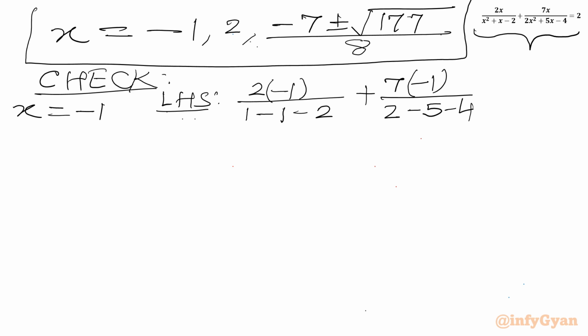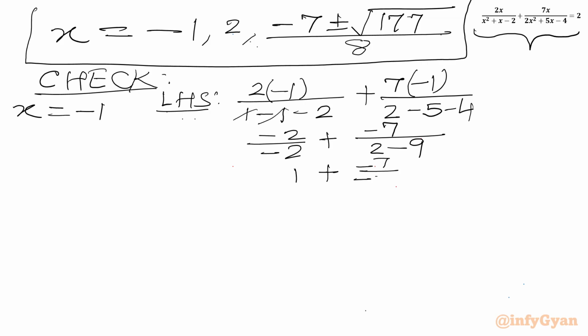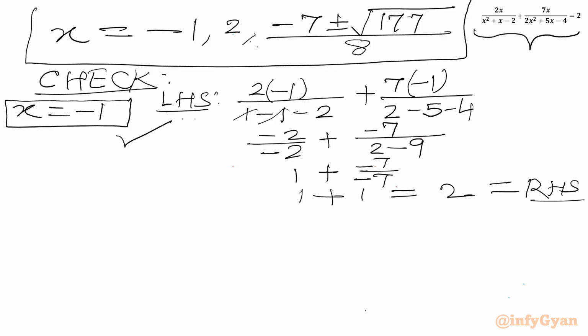Let's simplify. So -2 over -2, plus -7 over -7. So 1 plus 1 equal to 2, which is our RHS. Hence x equal to -1 is our true solution.